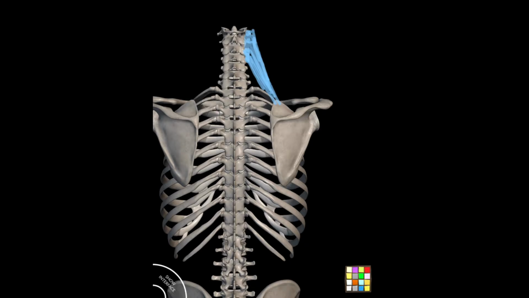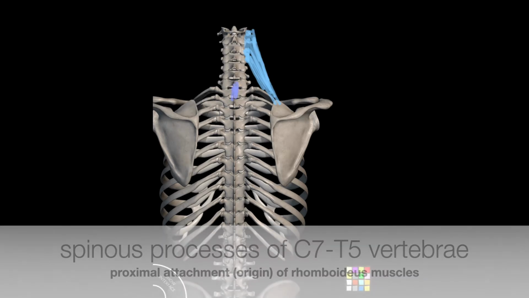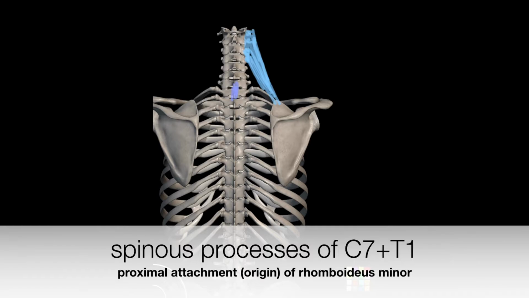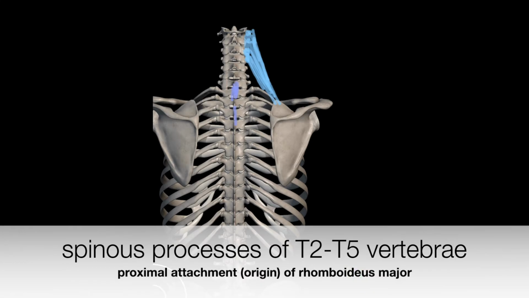If you remember the key fact that the scapula is roughly in line with the 2nd to 7th thoracic vertebrae, or the spinous processes of those vertebrae, then the rhomboideus muscles' proximal attachment or origin is 2 vertebral levels above that of the scapula. So the scapula is at T2, so 2 levels above is the spinous process of C7 and T1 for rhomboideus minor, and then an interval, but from the spinous processes of adjacent vertebrae, so T2 to T5.